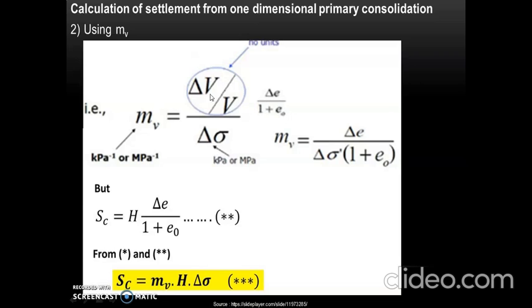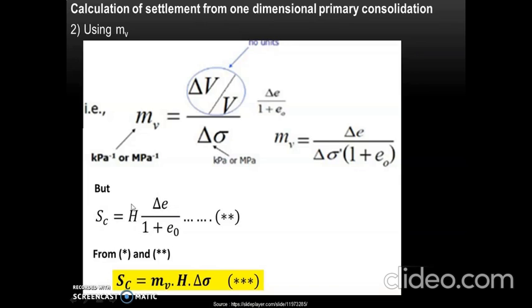So we will replace delta V divided by V by delta e whole divided by 1 plus e0, and we get mv as equal to delta e divided by 1 plus e0 into delta sigma dash. But formula to find consolidation settlement Sc is equal to H into delta e whole divided by 1 plus e0.